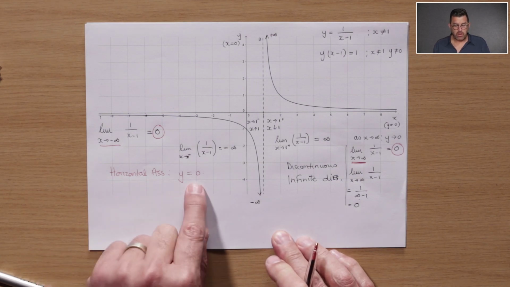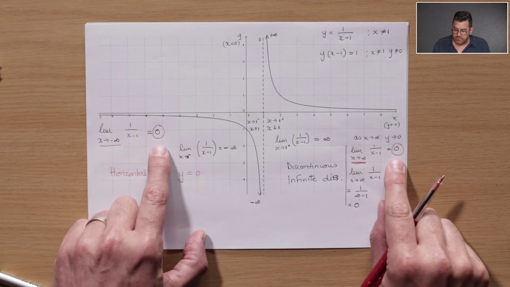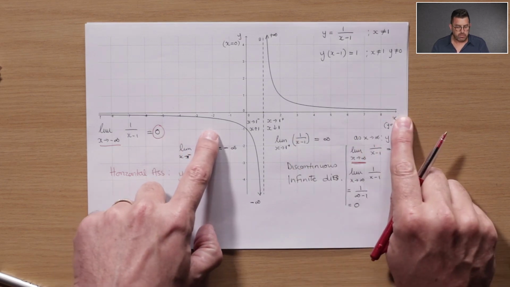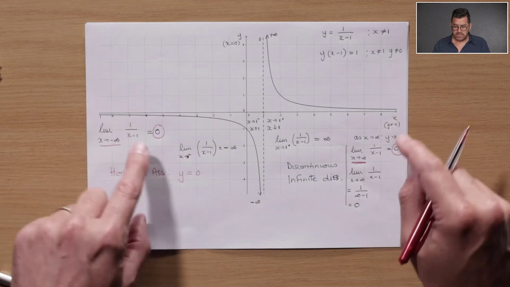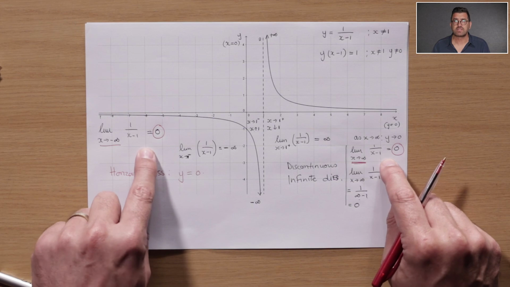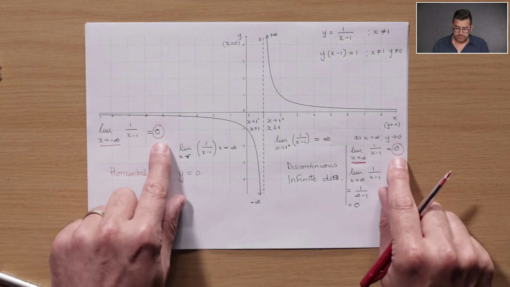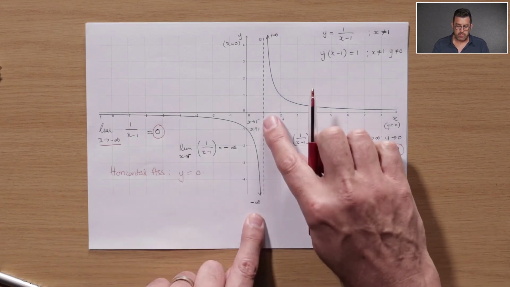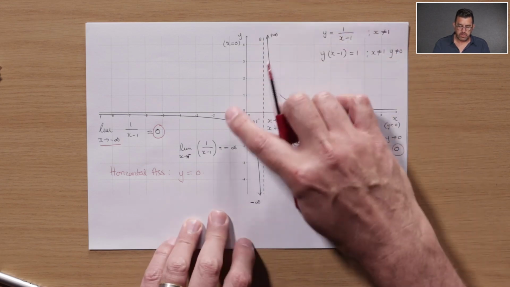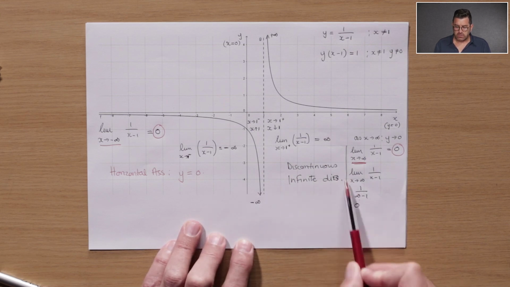Okay, and there can only be a horizontal asymptote if those y values were approaching the same value as x was approaching positive infinity and negative infinity. That means this limit exists because it's going to the same value. Okay, both of them are going to 0, whereas for the limit when we were approaching 1, they were going to positive and negative infinity, which meant there's definitely an infinite discontinuity.